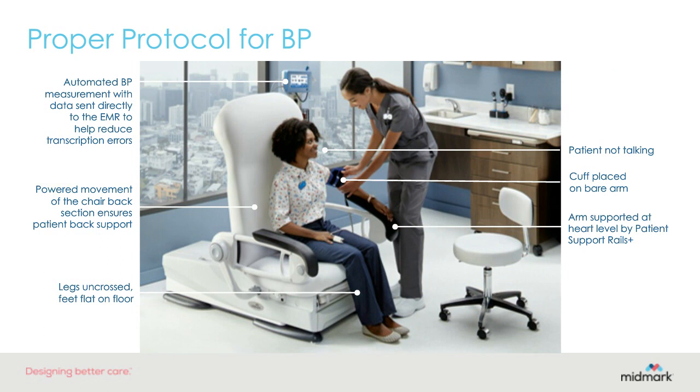The SPRINT trial really was a massive study on blood pressure and what happens when you lower the blood pressure from 140/90 to 130/80 or less. What they found was that the outcomes were profound. We're talking 25 to 27% reduction in cardiovascular events, a dramatic reduction in all-cause mortality.